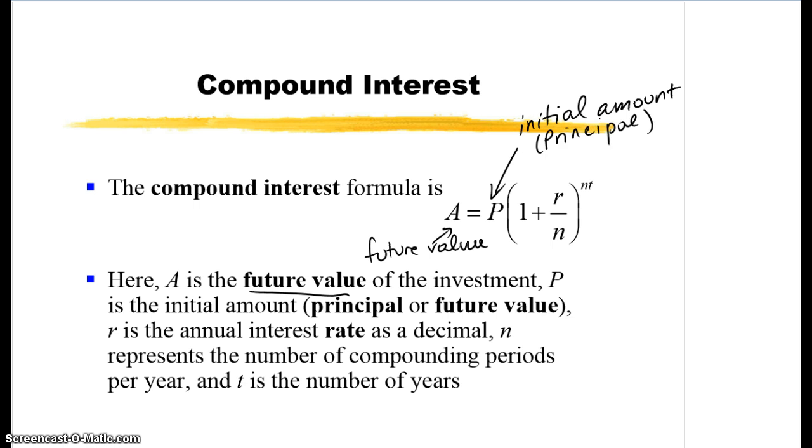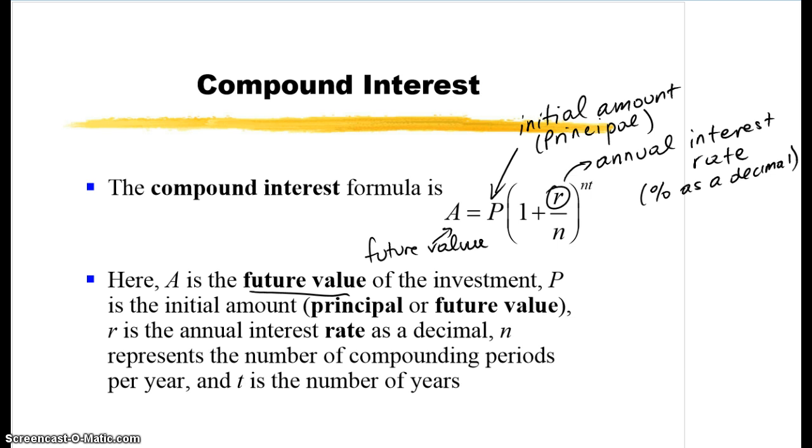Okay. So R is the annual interest rate. And it is always given as a decimal, even though it's always going to be a percent. So this is a percent written as a decimal. Keep that in mind.